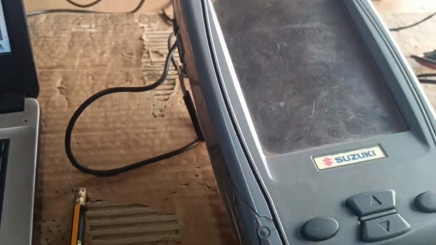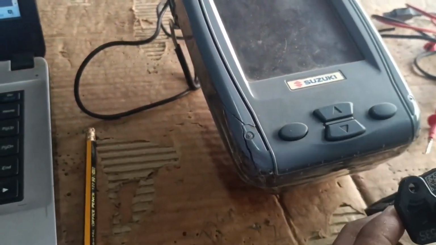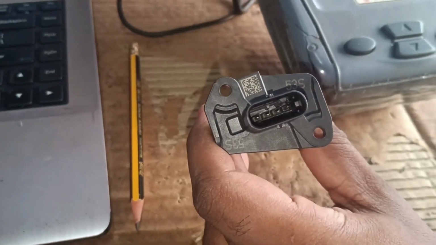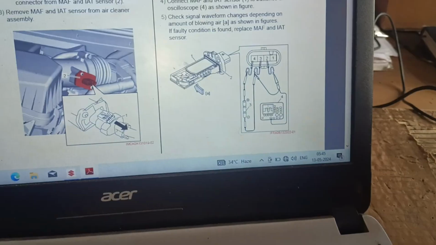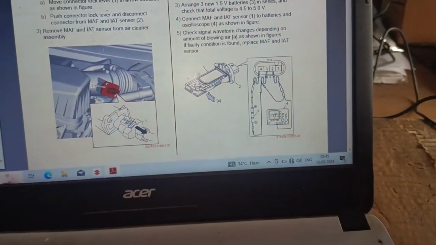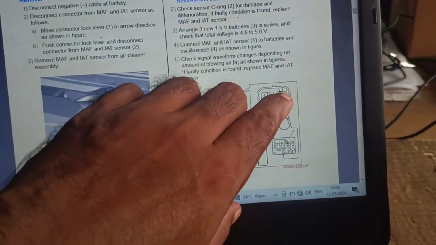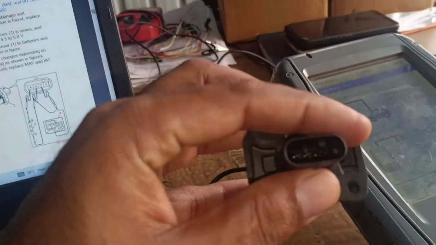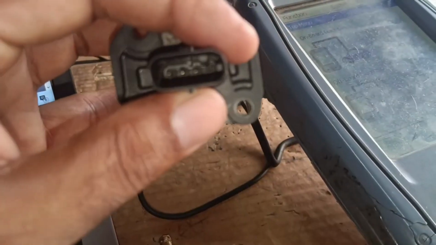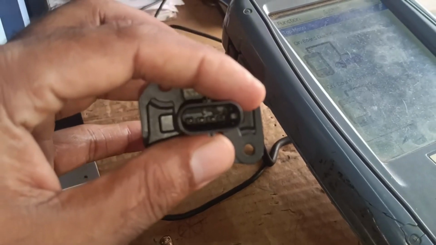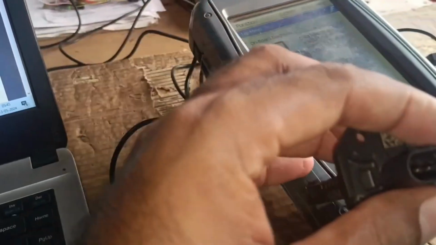Then we need to connect the additional power supply and oscilloscope to the MAF and IAT sensor. Check the pin number in the service manual. Please ensure the projecting knob is the same as in the figure, and ensure the pin is connected properly.